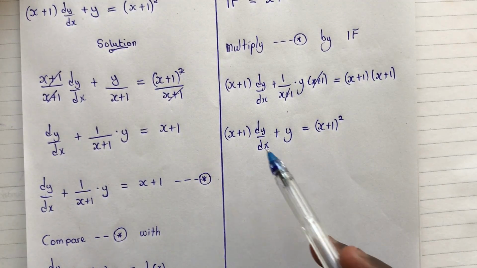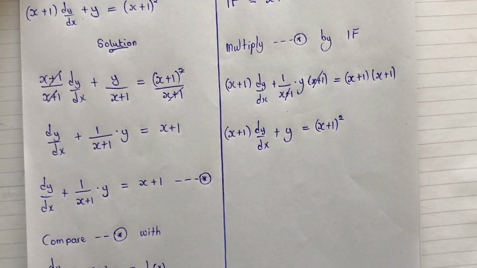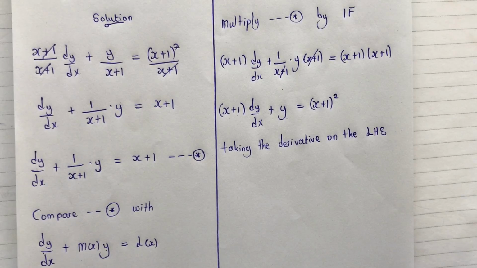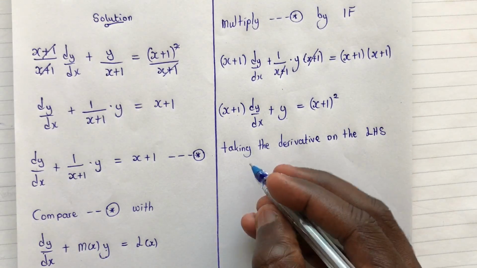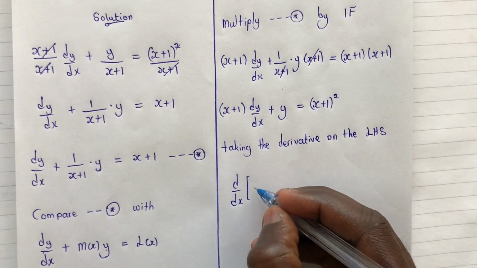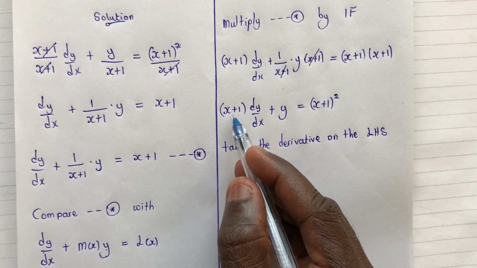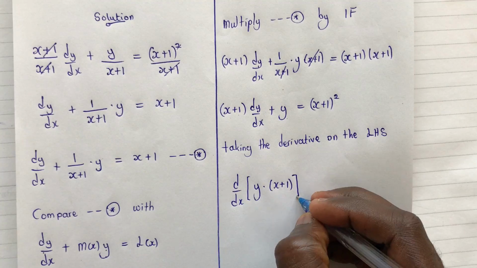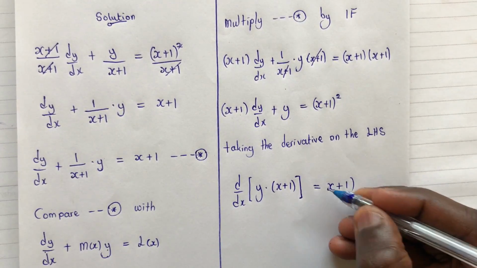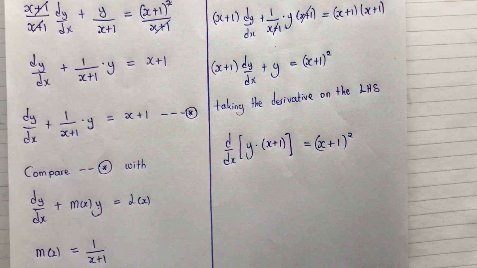So the derivative of the integrating factor and the variable y. Taking the derivative on the left hand side gives us d dx of the bracket y times x plus 1. So this is our integrating factor and the variable y. Equate this to the right hand side of the equation, x plus 1 all squared. Your next step is to integrate both sides of the equation.